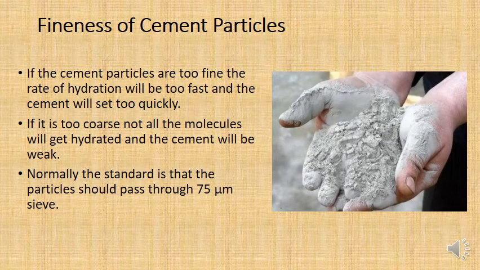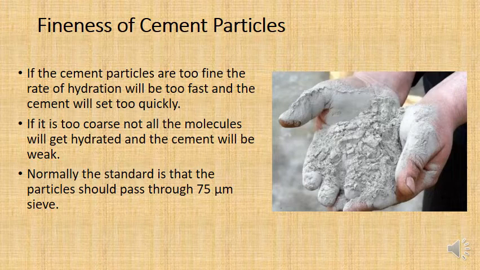Now, the final thing I want to talk to you about is the fineness of the cement particles. Remember what I said, that basically when you're manufacturing the cements, regardless of what the cement is, if it's a Portland cement, a blended cement, or lime or gypsum, you will be putting the cement through a grinder to make sure that the particles are very fine.